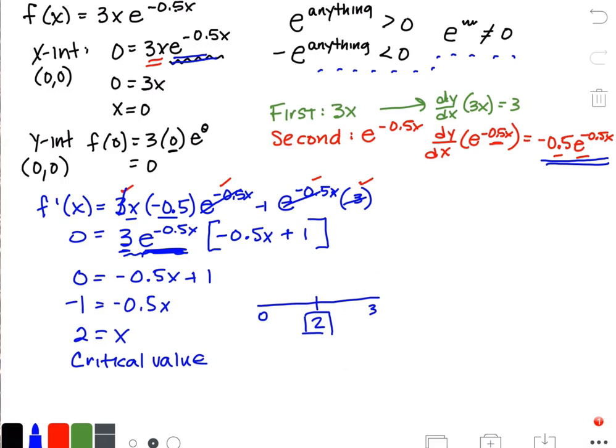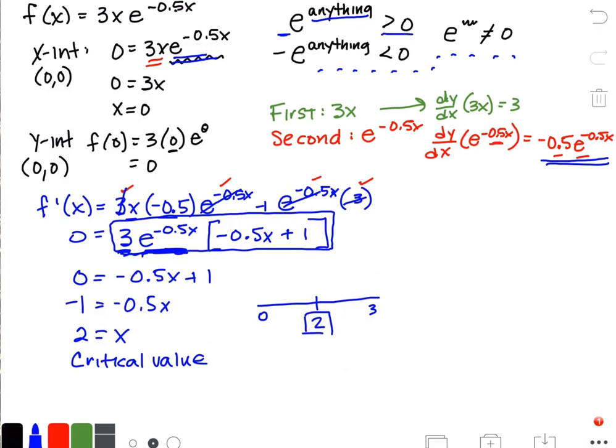Now, where I'm testing that is in this factored form of my derivative. That's the easiest one to use, because remember, my 3 is always positive. My e, since the coefficient is positive, with a positive coefficient, e to anything is always positive.